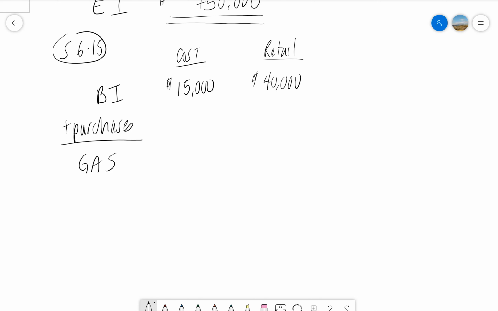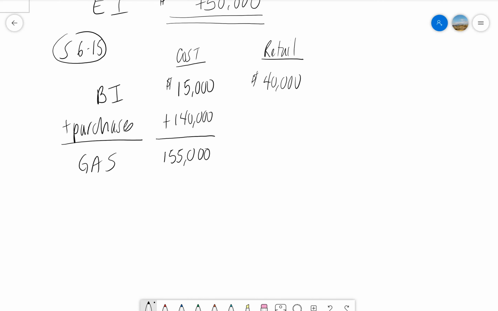Then we had some additional purchases. The cost of the purchases was 140,000. So we know that the goods available for sale at the cost is 155,000.